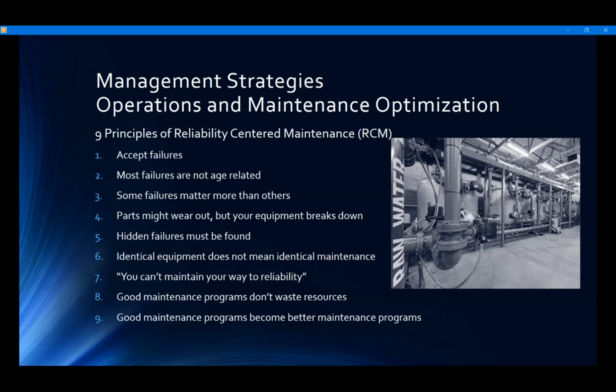Number 3, some failures matter more than others. This speaks to exactly what I talked about when not all assets are created equal. Number 4, parts might wear out, but your equipment breaks down. Number 5, hidden failures must be found.